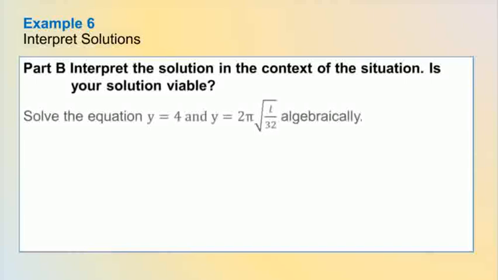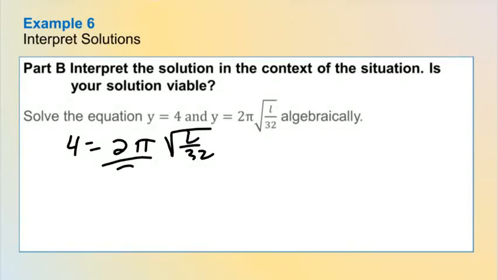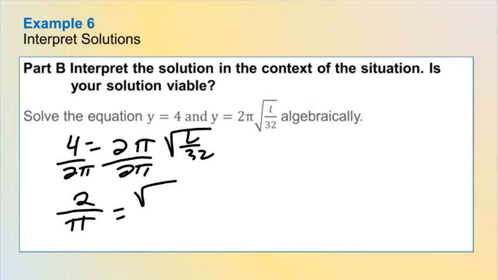Now if we're to solve this algebraically, I would have 4 equaling 2 pi times the square root of L over 32. Divide everything by 2 pi. So I would have 2 divided by pi equals square root of L over the square root of 32. So to rationalize this, multiply by the square root of 32, square root of 32 here.